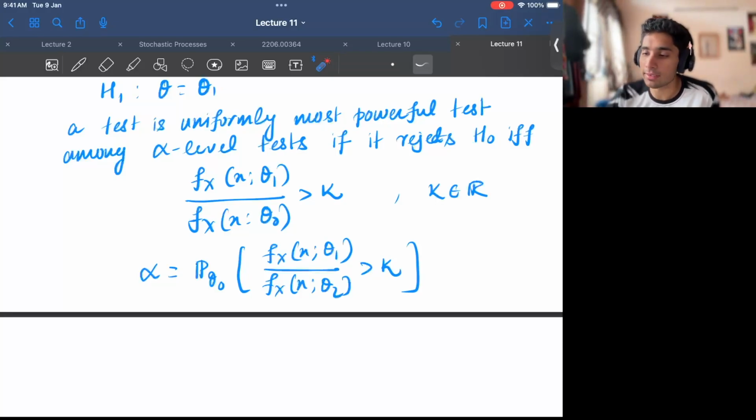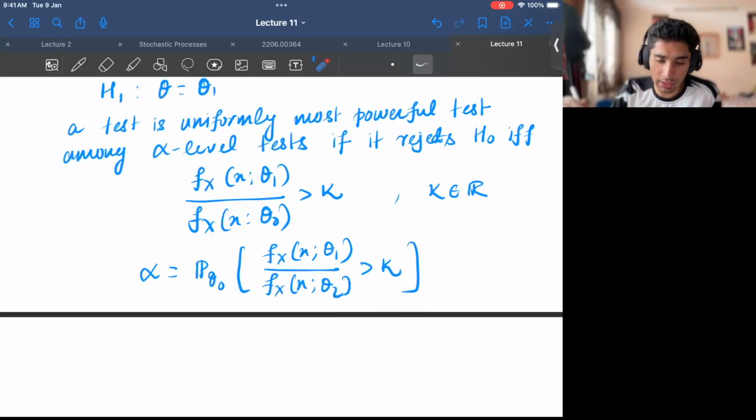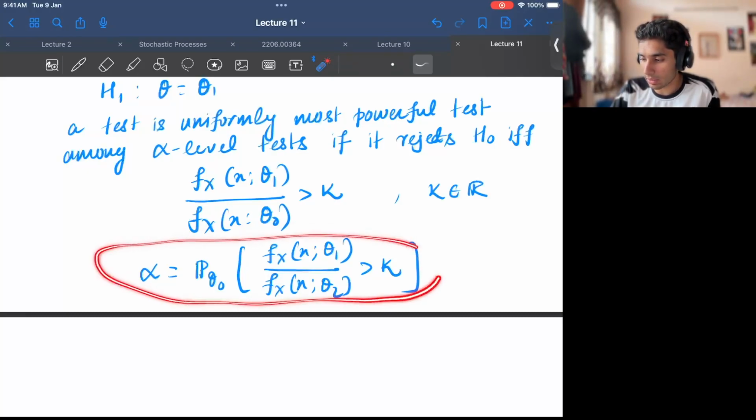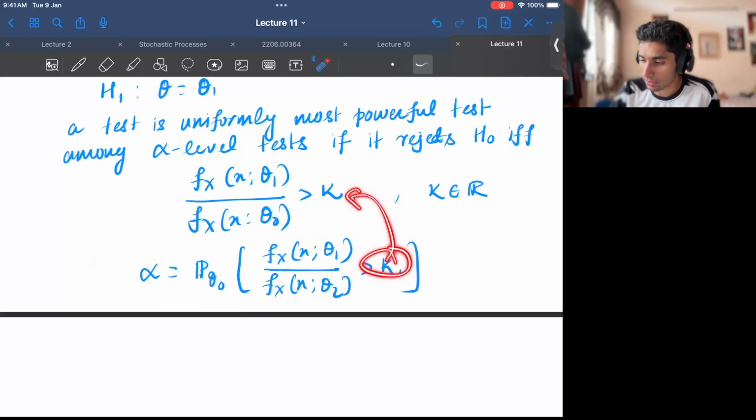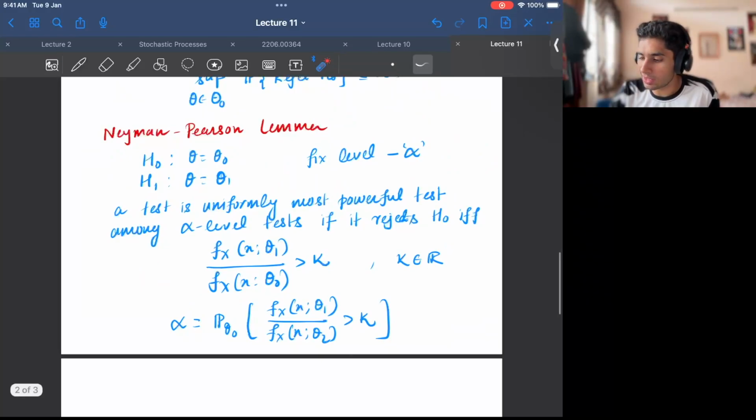You basically determine kappa using this thing. First you determine kappa using this and then use this kappa here. So this is your Neyman-Pearson lemma, and what it is telling you is that the likelihood ratio test is the most powerful test. That's it.